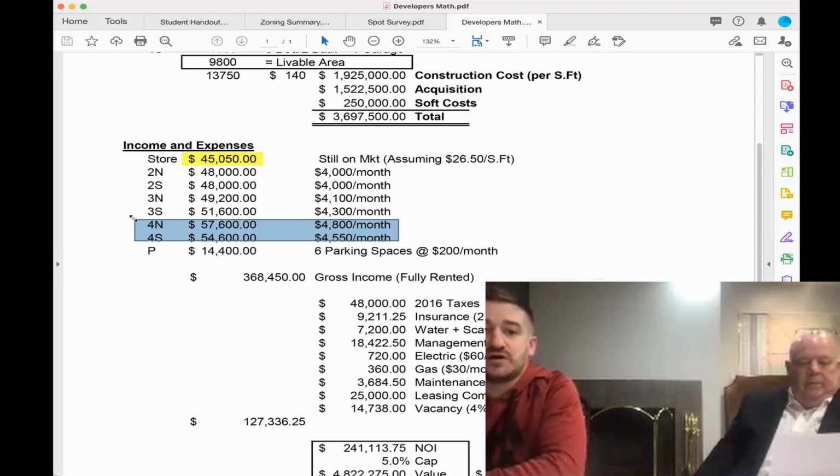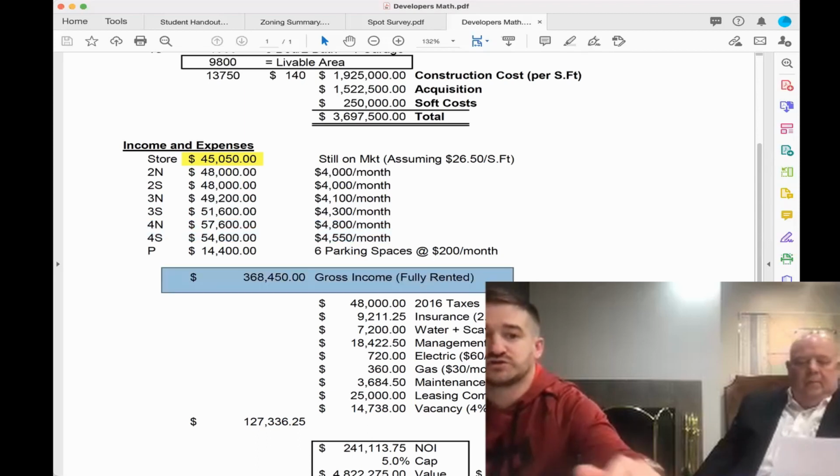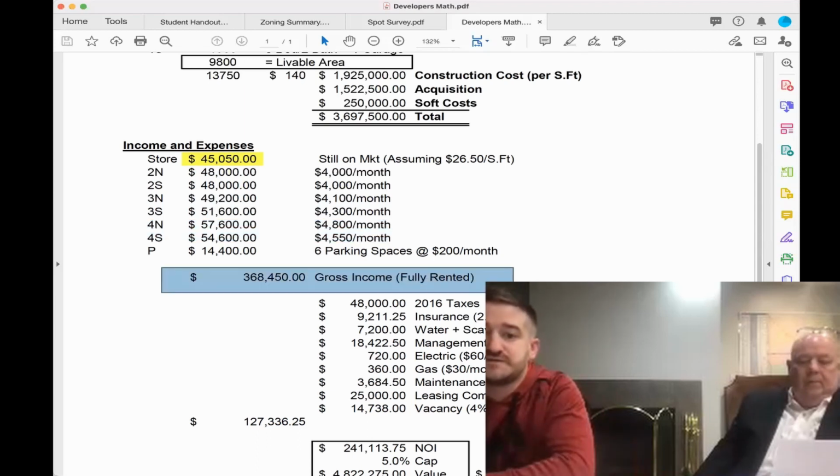And he rented out all 6 parking spots for $200 a month. And if he has the building fully rented, including the commercial space at $26.50 per square foot, his gross income fully rented is $368,450.